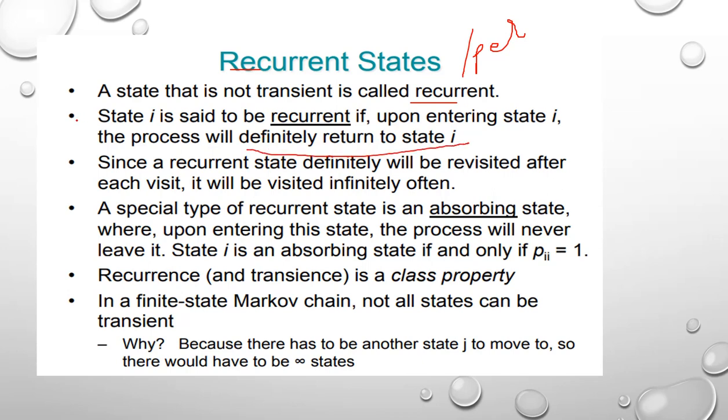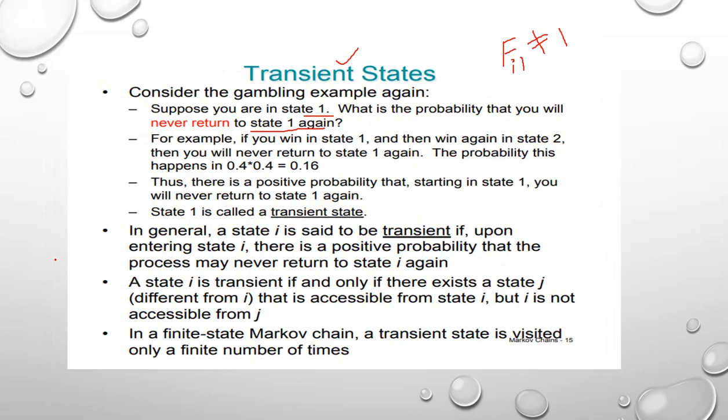This is the definition of recurrent or persistent. Since a recurrent state will definitely be revisited after each visit, it will be visited infinitely often also. These are points to remember when you are doing communication problems.